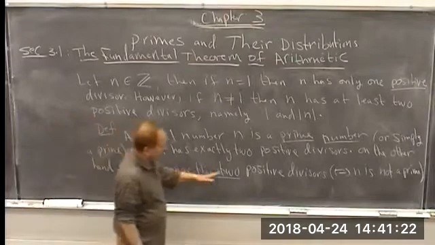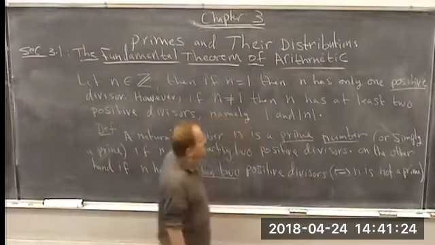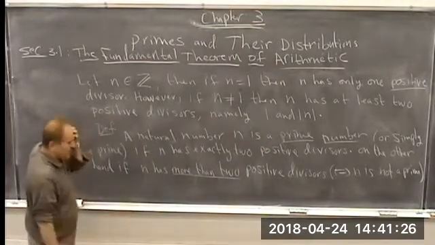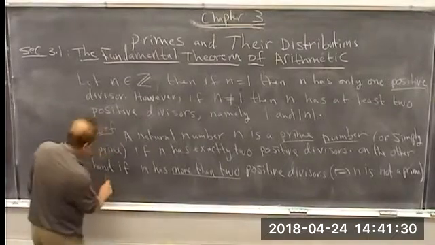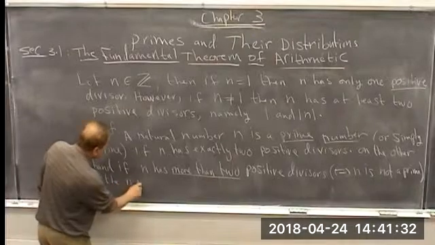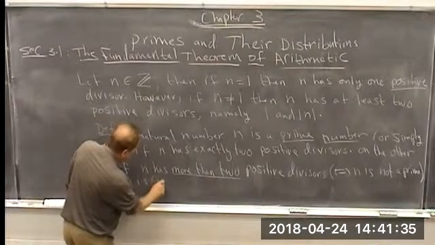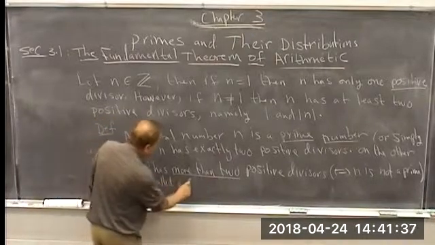And this more than 2 doesn't have to mean distinct divisors; they don't have to be different. Then n is called a composite number.